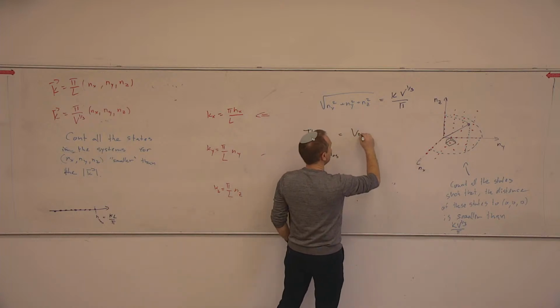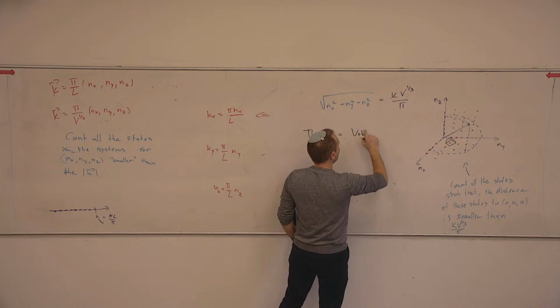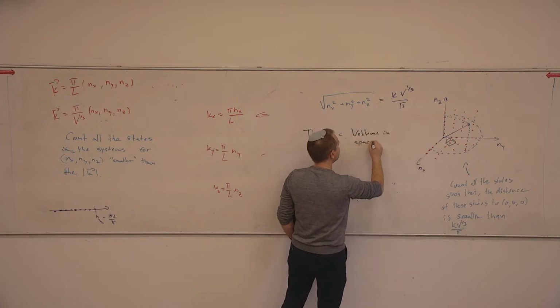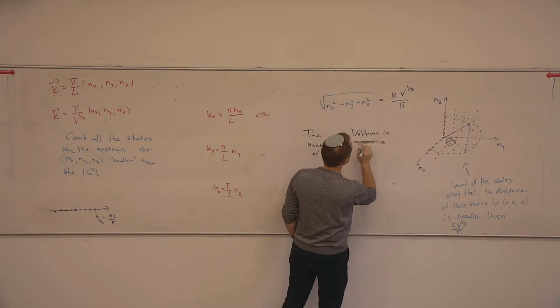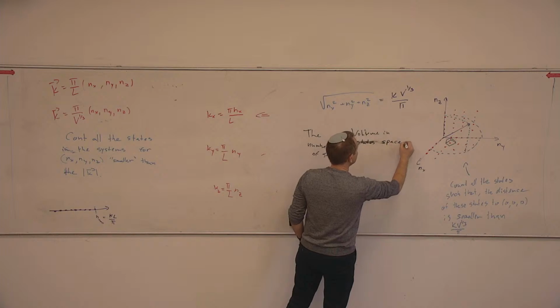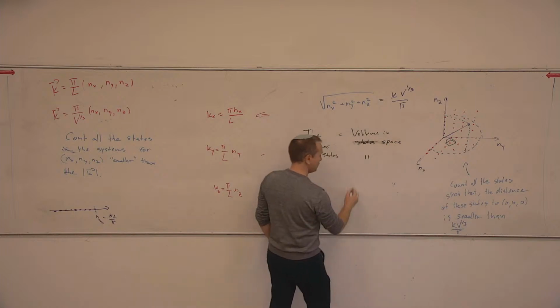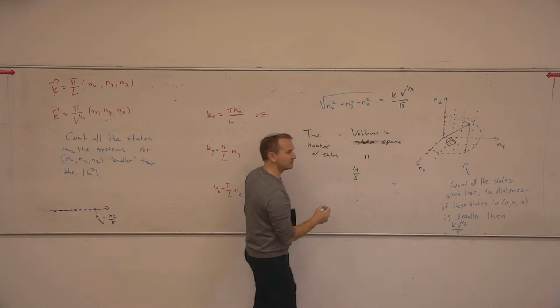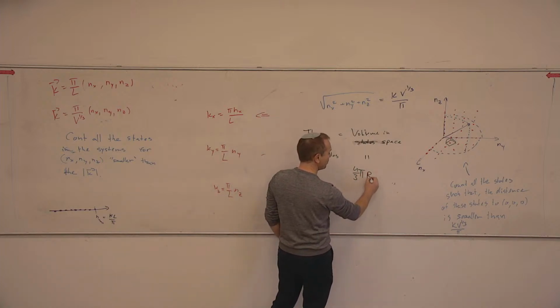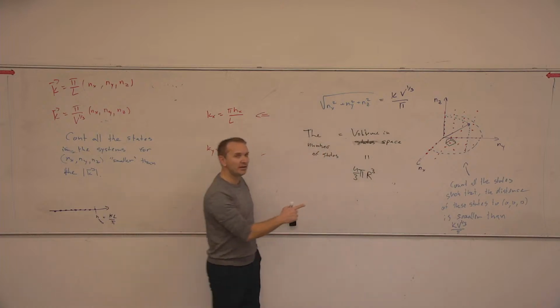So it's volume in space, in states space. And it is equal to 4/3 pi radius to the what power? 3. This is what we need.